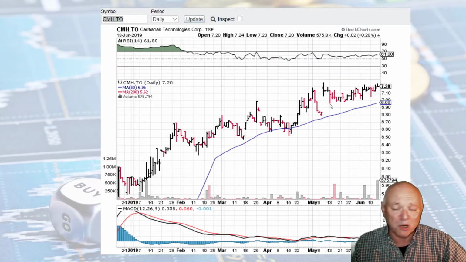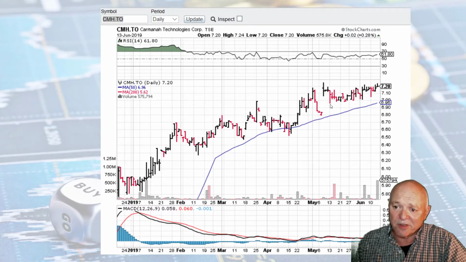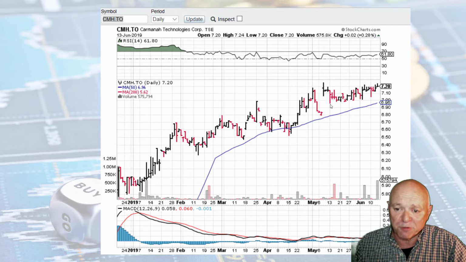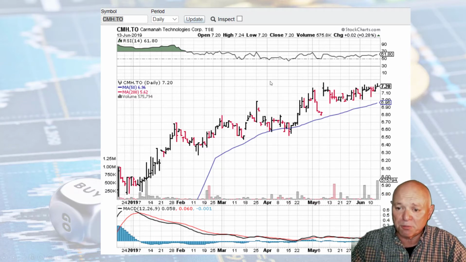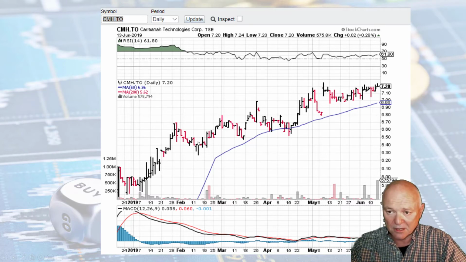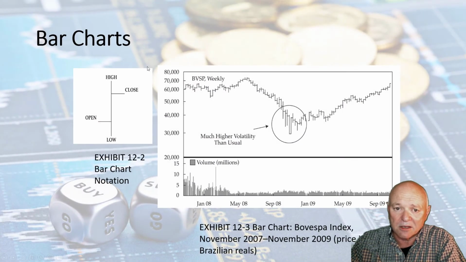In a bar chart, you can see that here we've got an example which is giving us four pieces of information for every day, just for the price information. If you take a look at any of these points in time, you'll see that there is a line with two knobs on it.